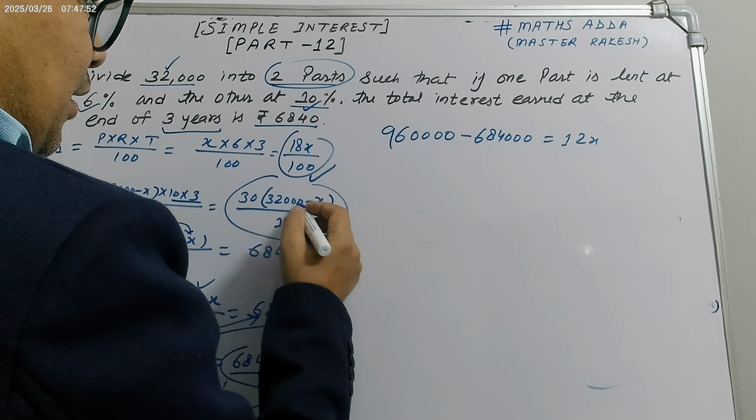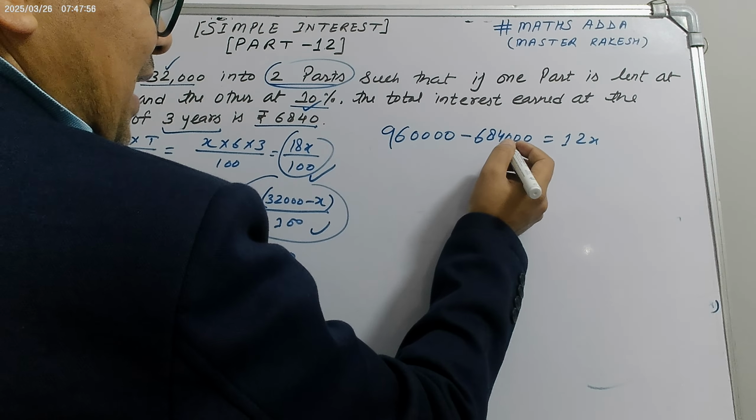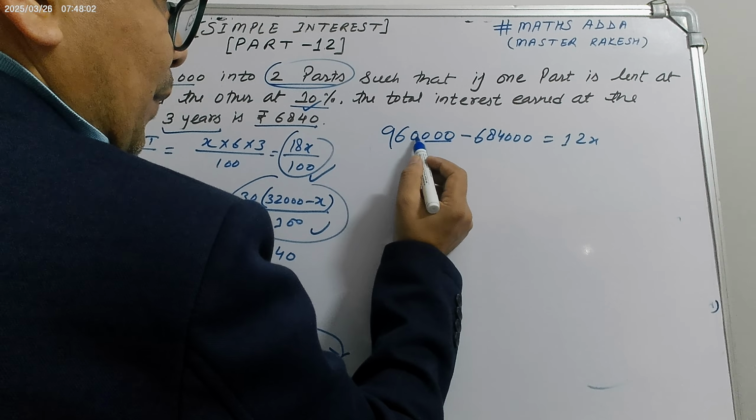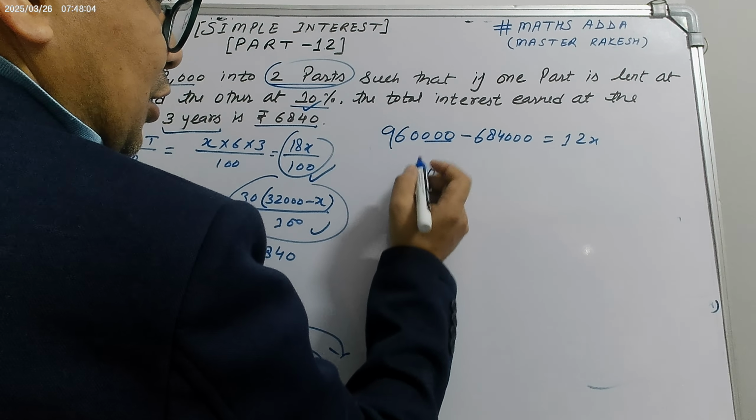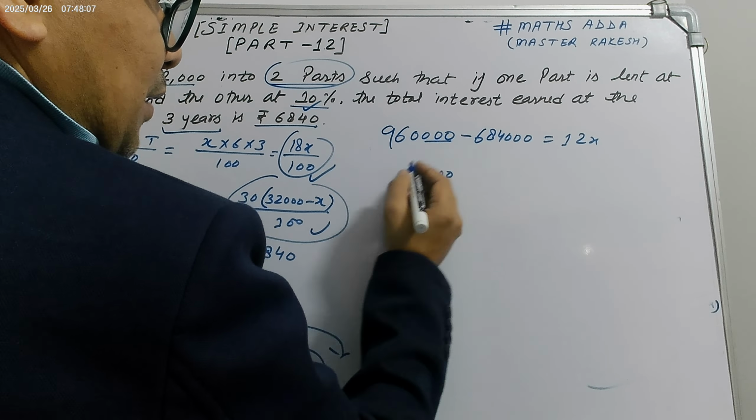So it is 9,60,000 minus 6,84,000, triple zeros with triple zeros. 10 minus 4 gone, 6; 15 minus 8 gone, 7; 8 minus 6 gone, 2. Equal to 12x.